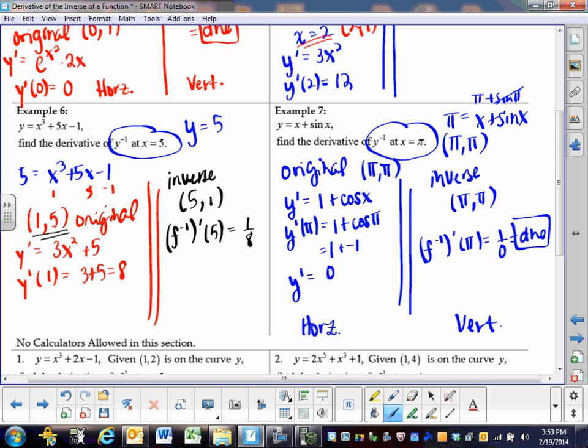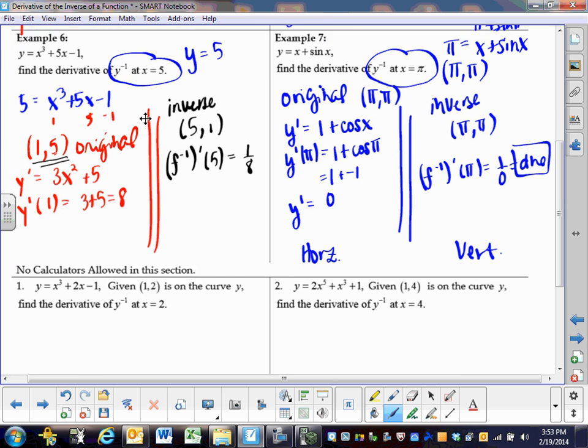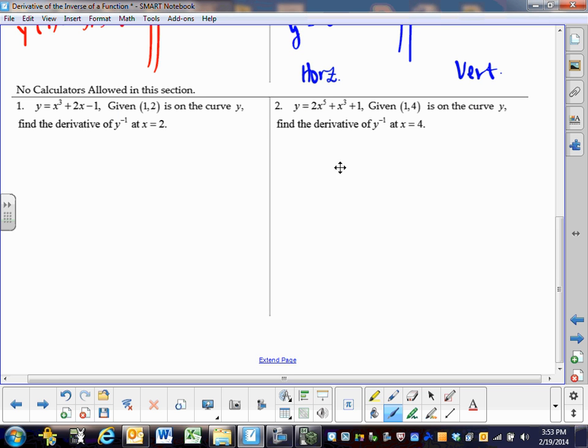Okay, so the original point is pi. The original derivative is 1 plus cosine x. So the original derivative at pi is 1 plus cosine pi, which is 1 plus -1, so 0.